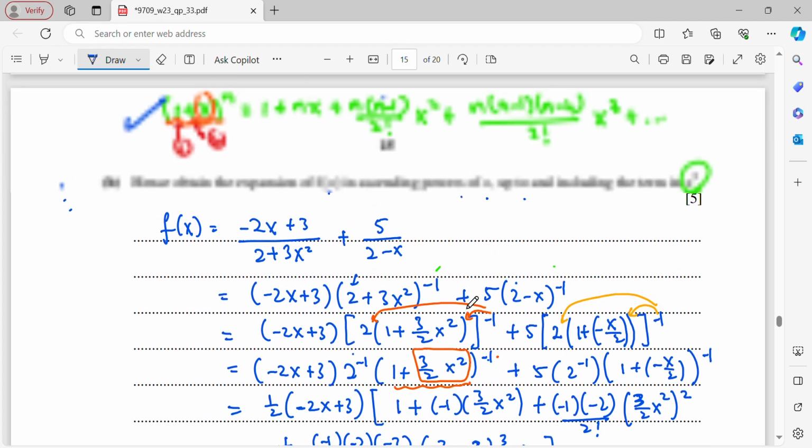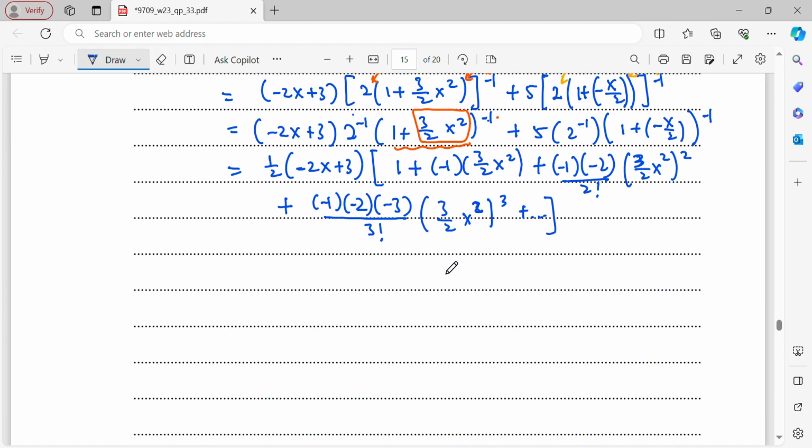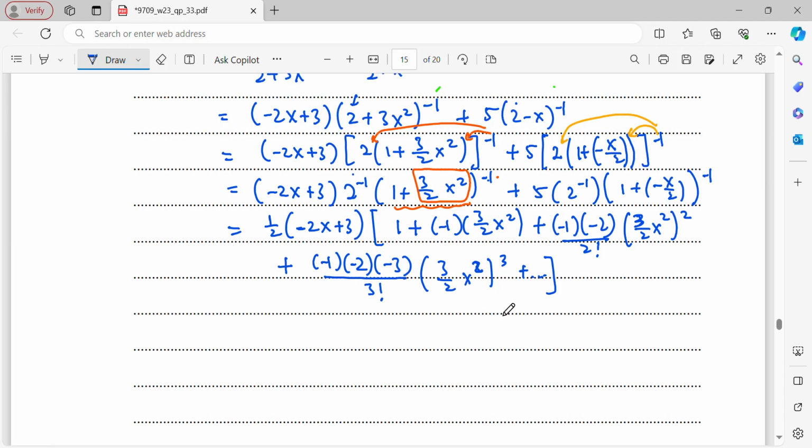As requested in the question, you have to expand until x cubed. Actually, we don't need this term, because when you look at the question here, this is already x to the degree 4. So basically I don't need this term, I overlook it, and I can stop in the previous expansion.